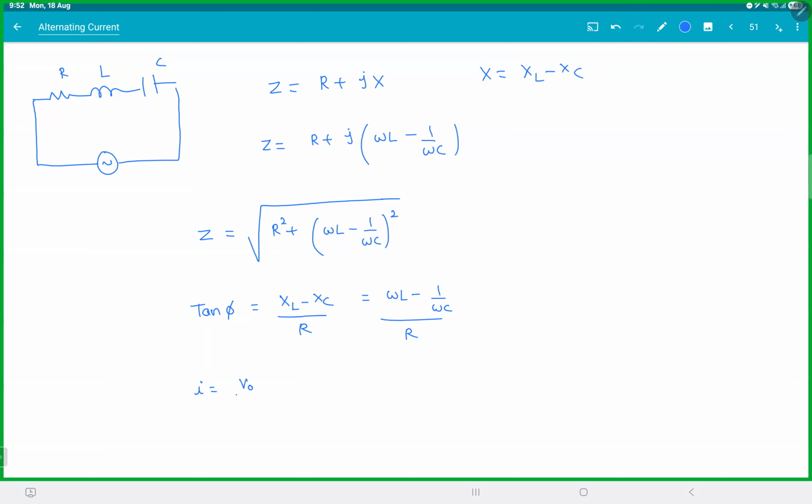Current I is V naught by Z sine omega t minus phi. This also we derived, which comes from I is V by Z bar. Cos phi is the power factor. Power is VRMS, IRMS, cos phi.